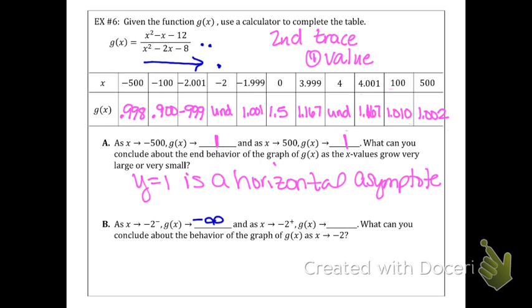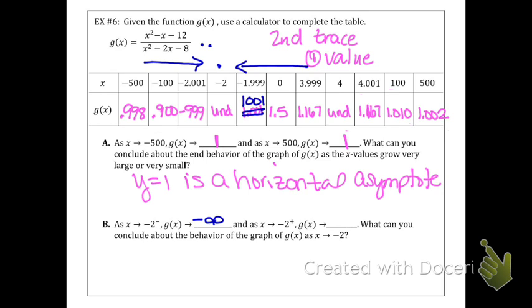And then as we approach negative 2 from the right side here, we can see that at 3.999, we had 1.167, 1.5, and then we're going to 1.001. I'm sorry, I miswrote that. I apologize. Can't read my own handwriting here.